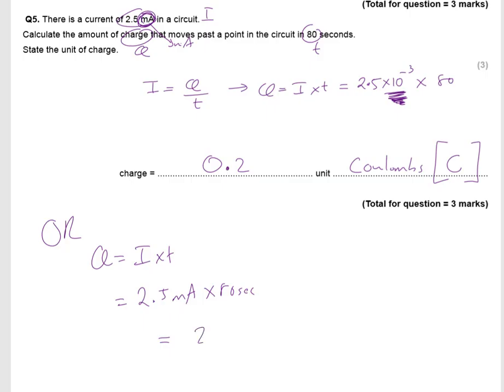This will give us 200, and since we have milli, we need to put millicoulombs there. The unit must include the milli, otherwise it is unacceptable. So let's have a look: 1, 2, 3, yes, correct.